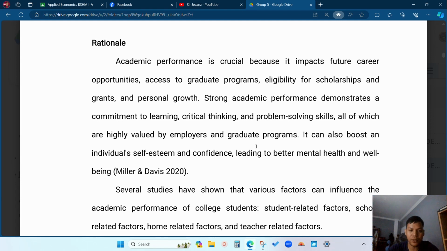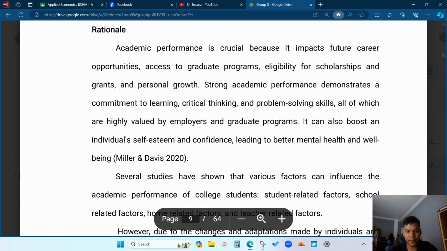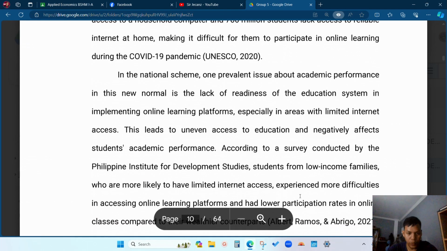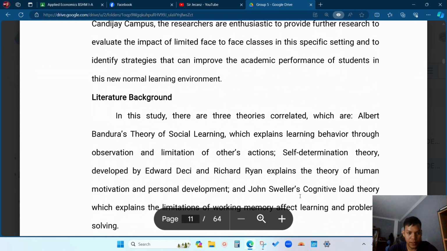And you have discussed why you want to conduct the study and how important it is to conduct your study.